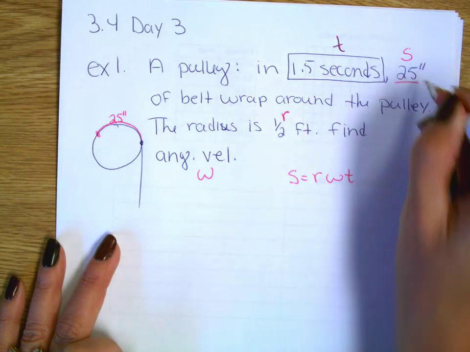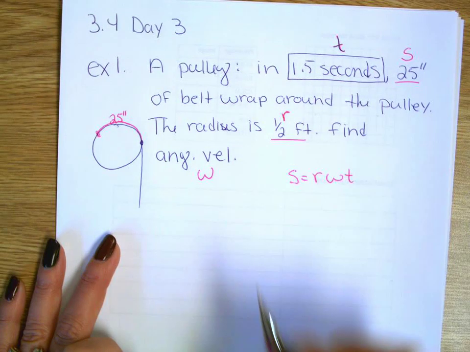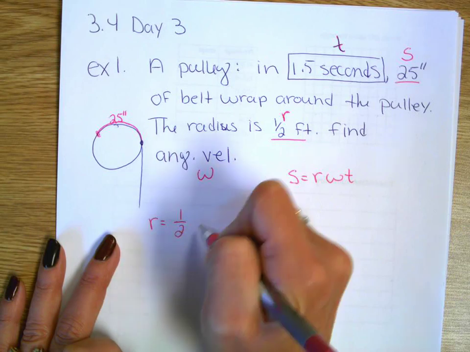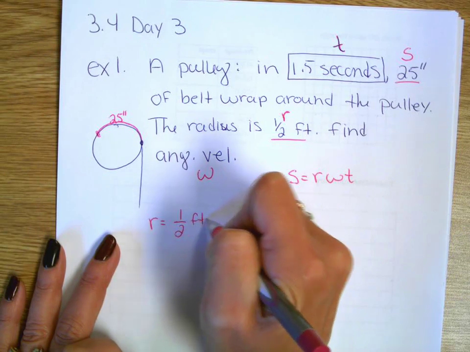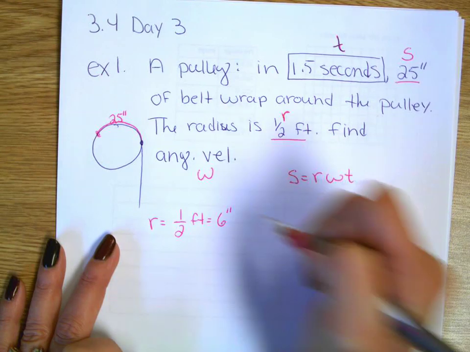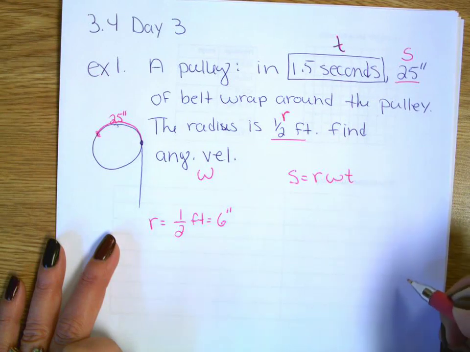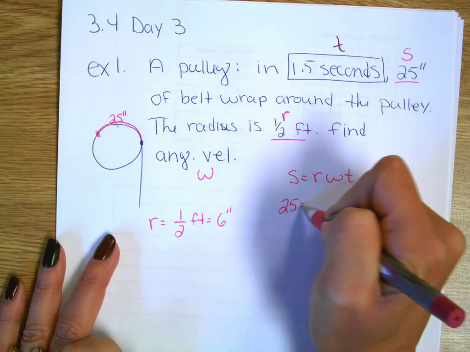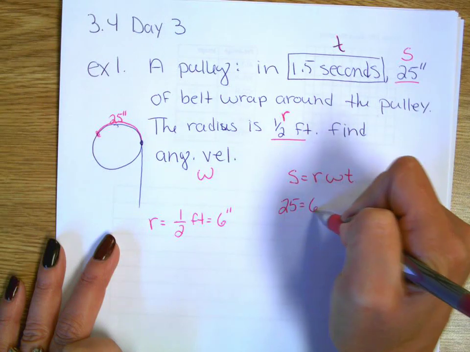We got inches and feet. So let's take care of the radius. The radius is a half of a foot, which means we're going to make it 6 inches. Everything else is going to be good? I think so. So in place of S, we're putting in the 25. R, we're putting in a 6.